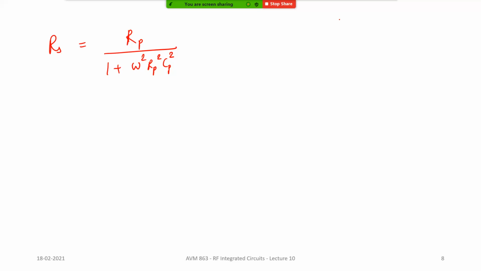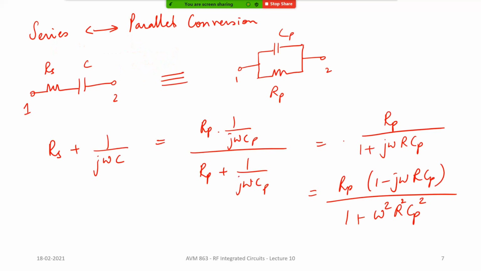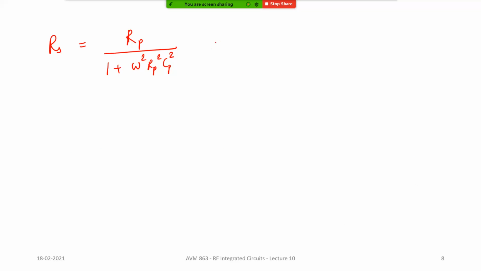so basically you get Rs is equal to, this is Q squared. So this is Rp, right? So Rp divided by 1 plus Qp squared.